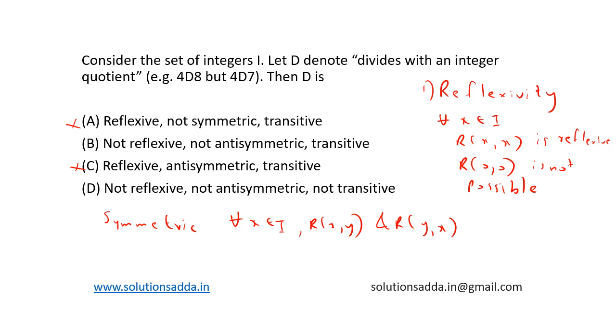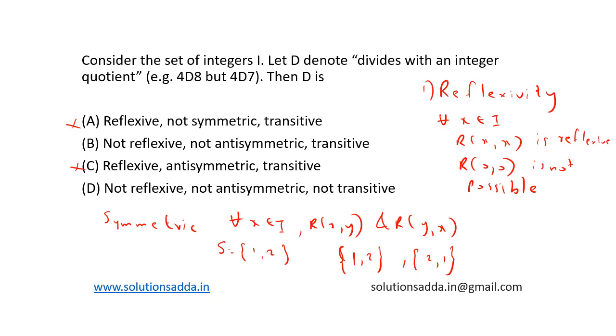And clearly the above relation cannot be symmetric because consider the example: S is equal to 1 comma 2. It means that 1 comma 2 is in the relation as well as 2 comma 1 should be in the relation, but 1 comma 2 can be in the relation but 2 comma 1 cannot be in the relation. So symmetric property is also not satisfied.